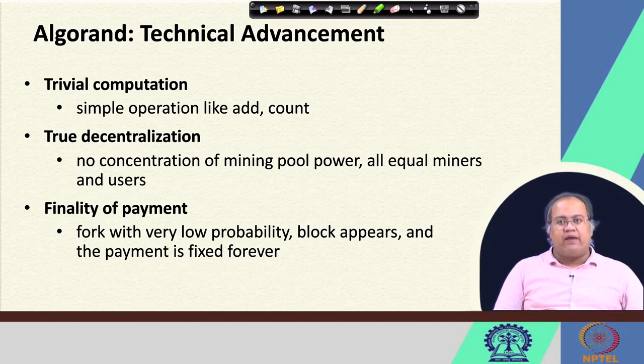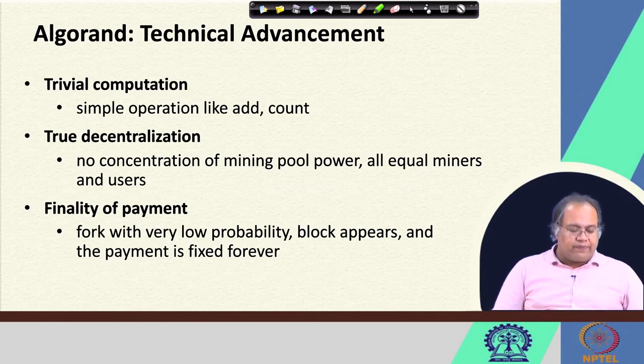Typically it does not mean that the fork cannot happen in Algorand. Fork can happen in Algorand, but the probability of fork is very low. So, because the fork can happen with very low probability, the block appears and the payment is fixed forever. So, if you have a block, that means your payment is mostly fixed.